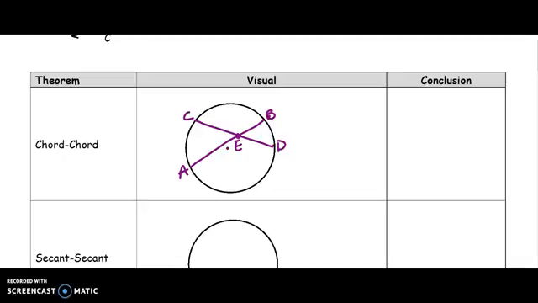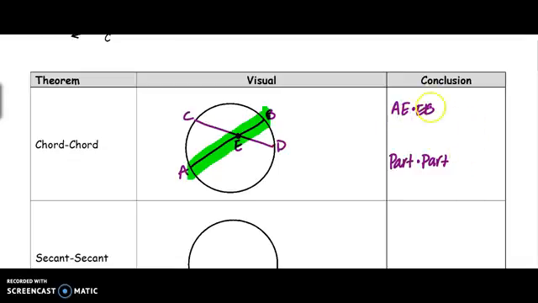In order to find a missing length, let's say we're looking for CE, we have to do this thing called part times part. So on chord AB, we'll look at this one first. We have to take one part of that segment, AE, and multiply it by the other part of the segment, EB.